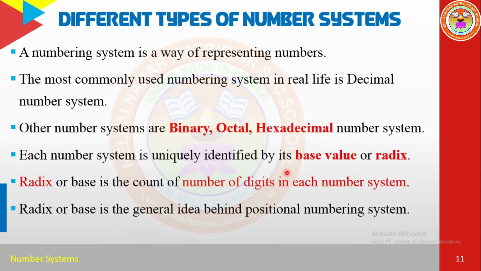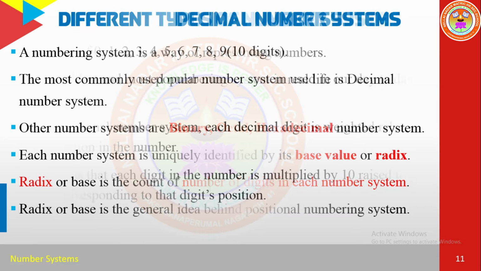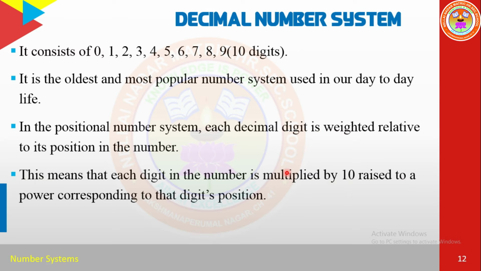At the very first, we are going to see the decimal number system. What is the decimal number system? Why are we going to start from the decimal number system? Because it is the most popular number system in our daily life, the oldest and most popular number system we use day to day.